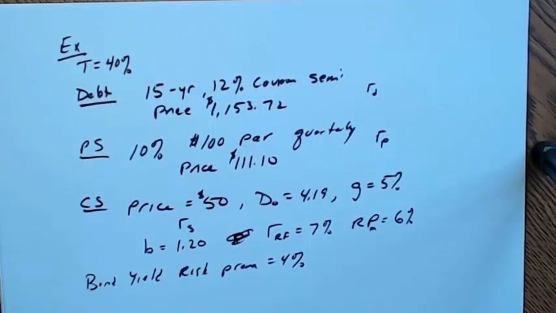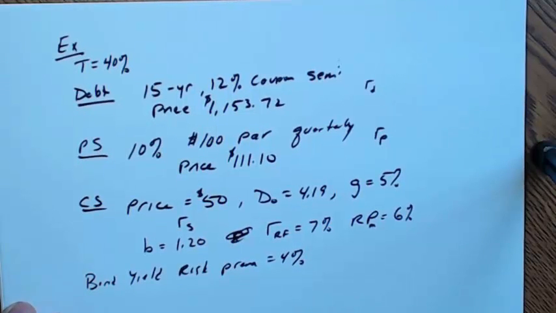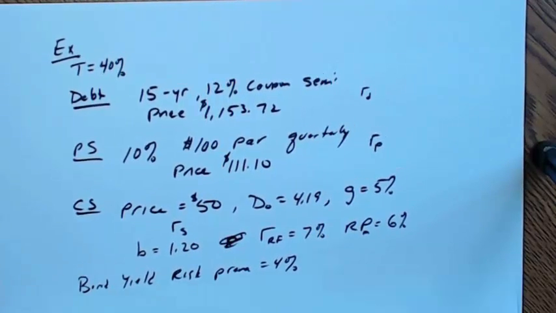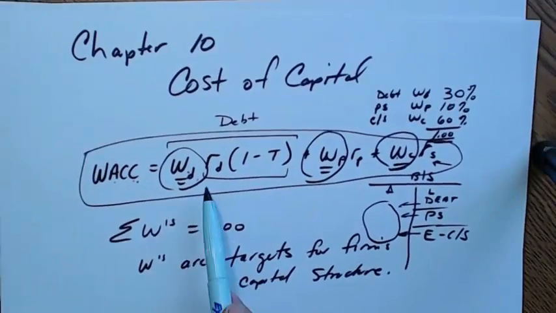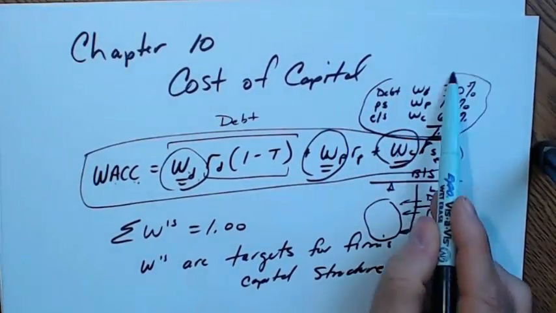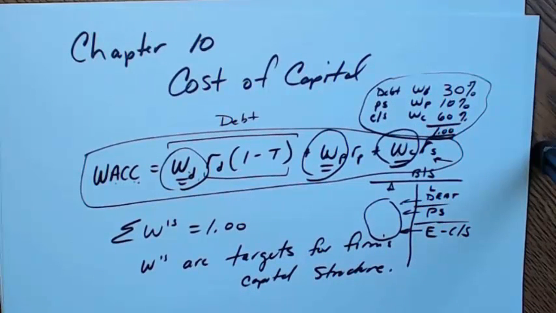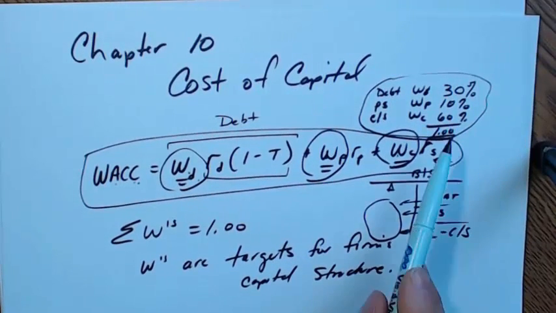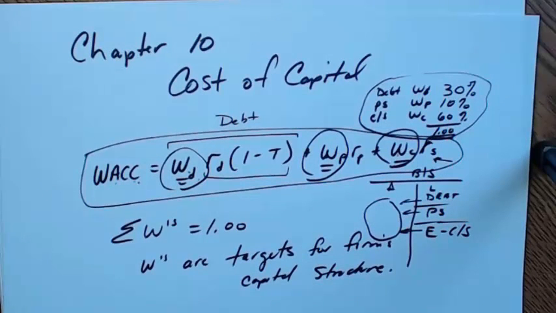Okay? Now, there is, by the way, discussion in your textbook about these weights, and we're assuming for this discussion, as does the text assume, that it's the targets that matter. So we want to have a specific target.